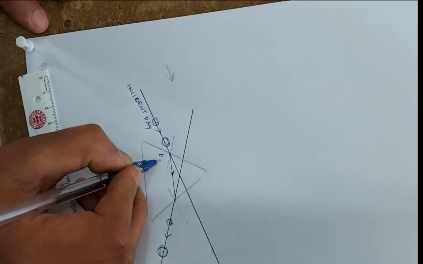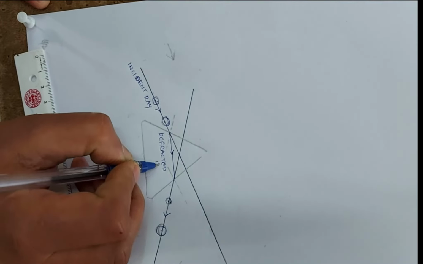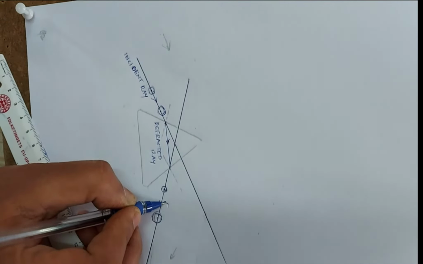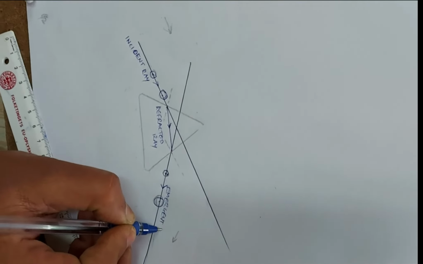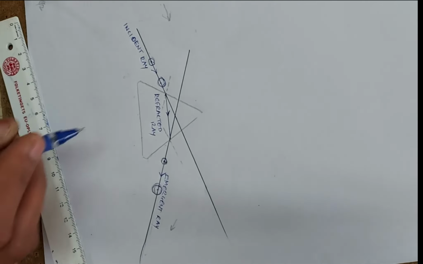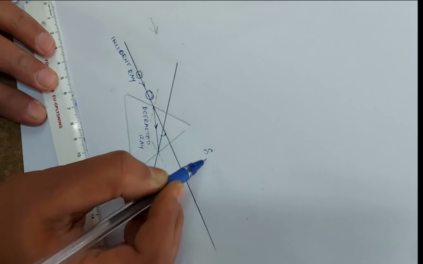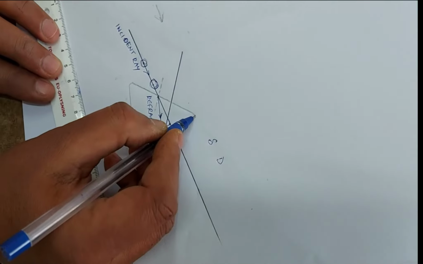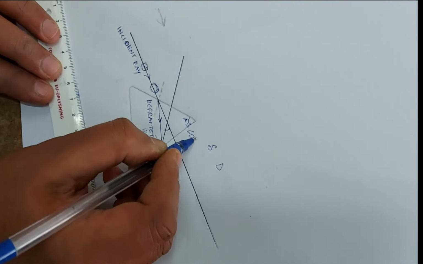This is the refracted ray. And this is the emergent ray. This is the angle of deviation. Either we represent it by delta or D. And this is the angle of prism. They all are equal, and this is equal to 60 degrees.